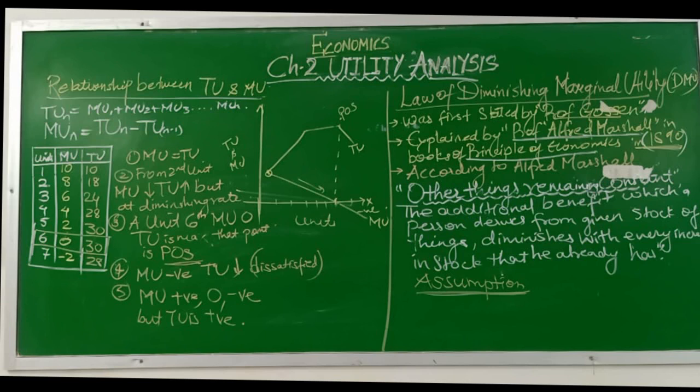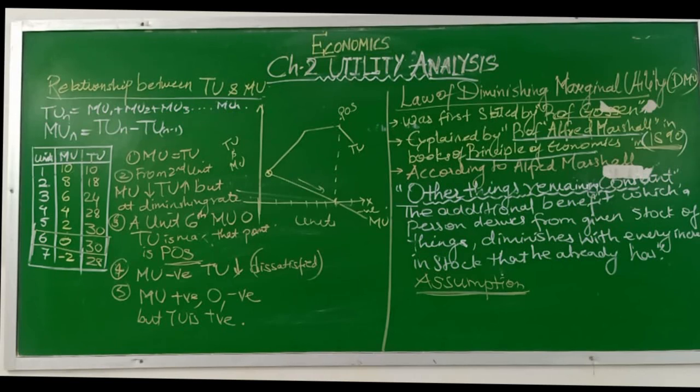The law of DMU means diminishing marginal utility. The law was first stated by Professor Gossen and it is also said to be Gossen's first law. Then it was explained by Professor Alfred Marshall in the book Principles of Economics in the year 1890.